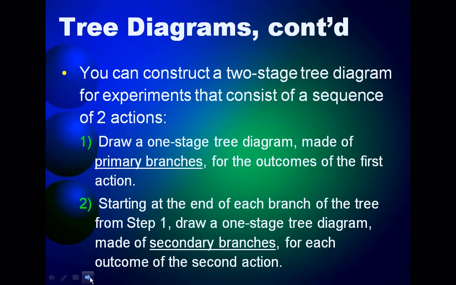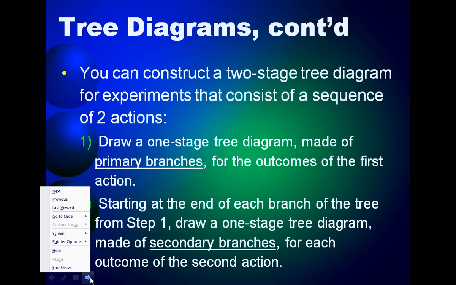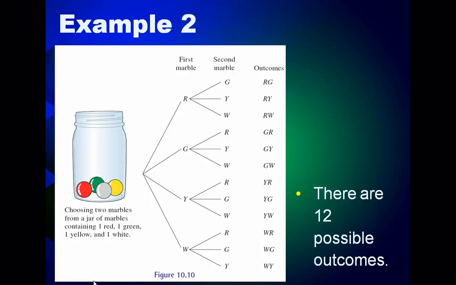Then at the end of each one of those branches you can have another set of branches, called secondary branches, and those tell you what has happened with your second procedure or second outcome. So here we have a red, green, yellow, and white marble, and we're going to choose one without replacement and choose a second.